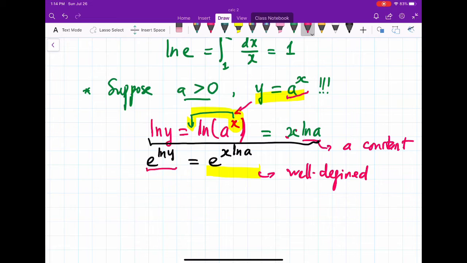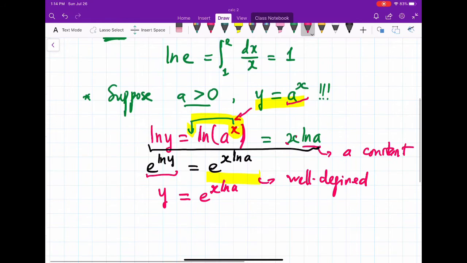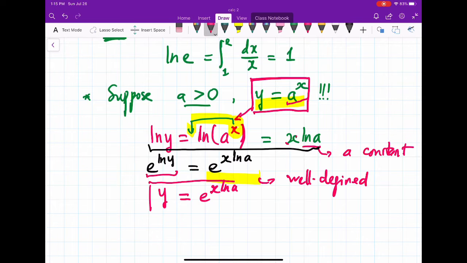The left hand side is also well defined, because that is just y, right? We know that e to the ln of y is just y. So I have y equals e to the x ln of a. You see, interesting. We start from y equals a to the x, right? And finally we got y equals e to the x ln a.